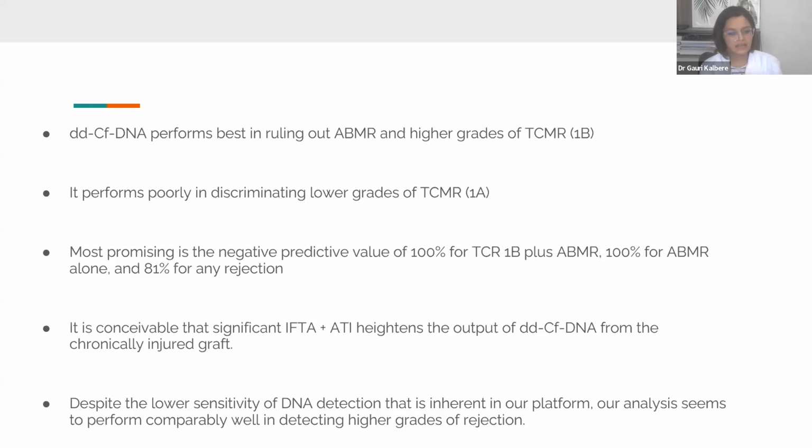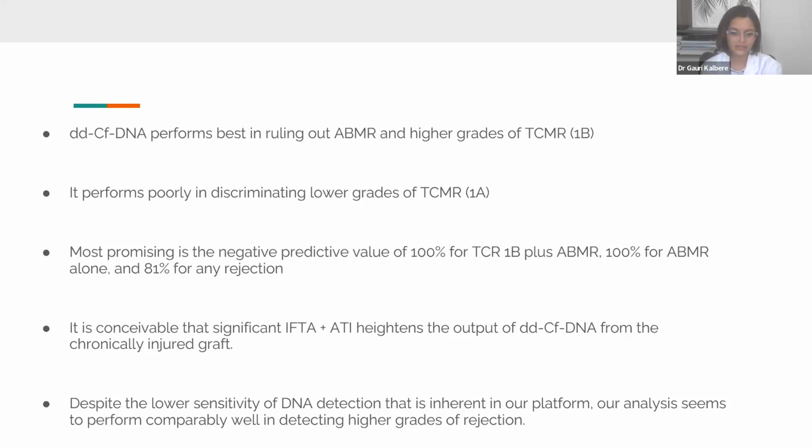So it is conceivable that significant IFTA and ATI heighten the output of donor-derived cell-free DNA from the chronically injured graft, because, as I said, that was one outlier. This was the likely explanation which I found from the data.